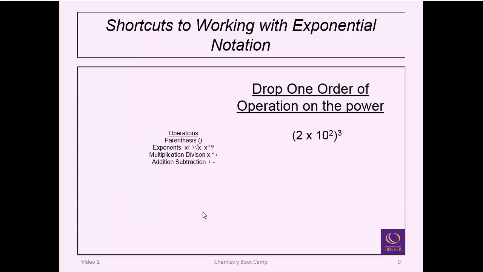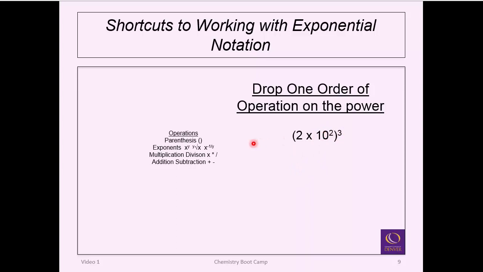Okay, let's do an example. Here we have scientific notation, 2 times 10 to the 2. And we're powering it up. Now all I'm going to do is operate on this. The number in front operates normally. So it's 2 to the 3rd power. That's 2 times 2 times 2. That's 8. So that's done. So it's 8 times 10 to the, now what do I do with the power?